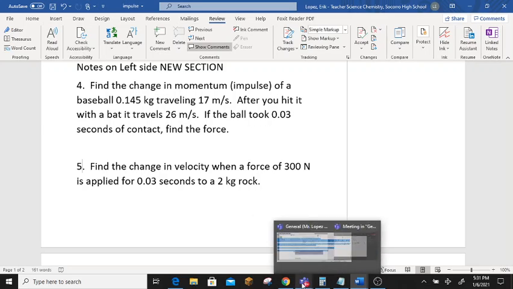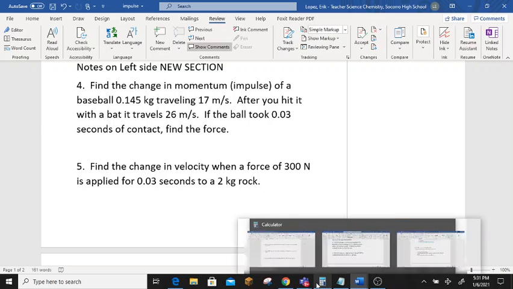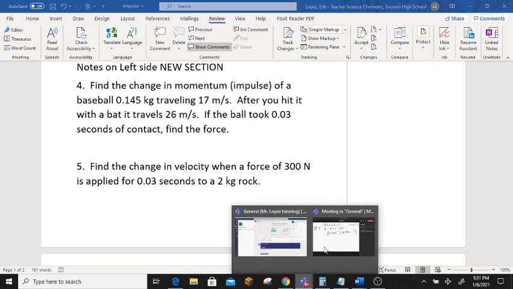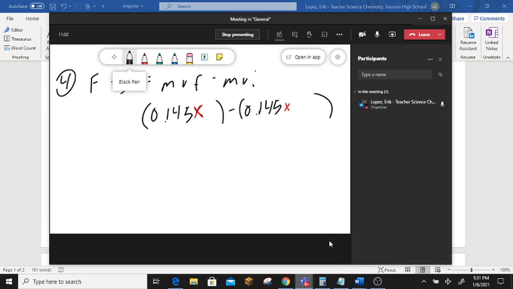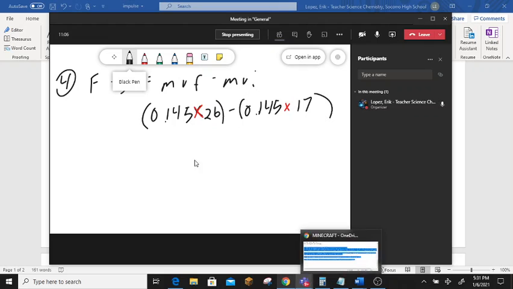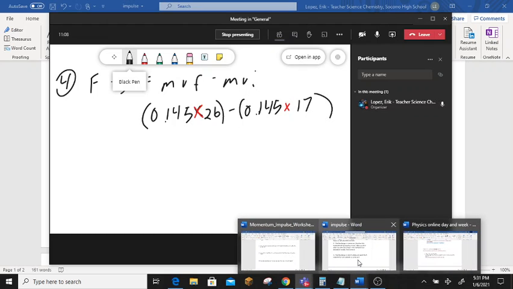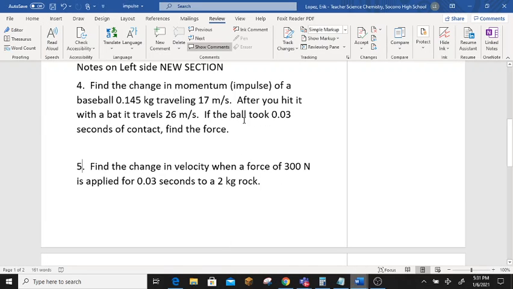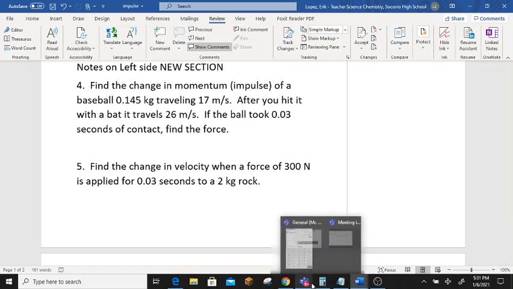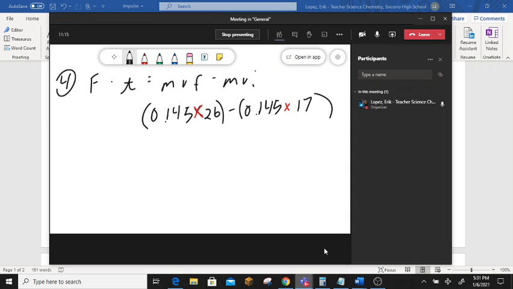The initial is 17 and 26 is the final, right? They're giving us a time, 0.03 seconds. The time is 0.03 seconds, and there we go. We are solving for force, right?